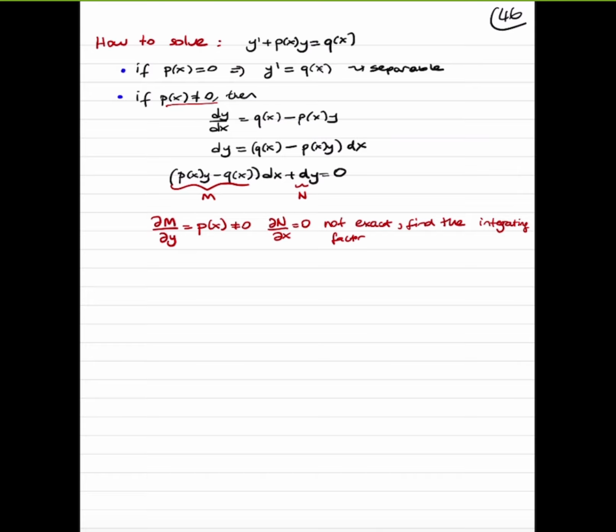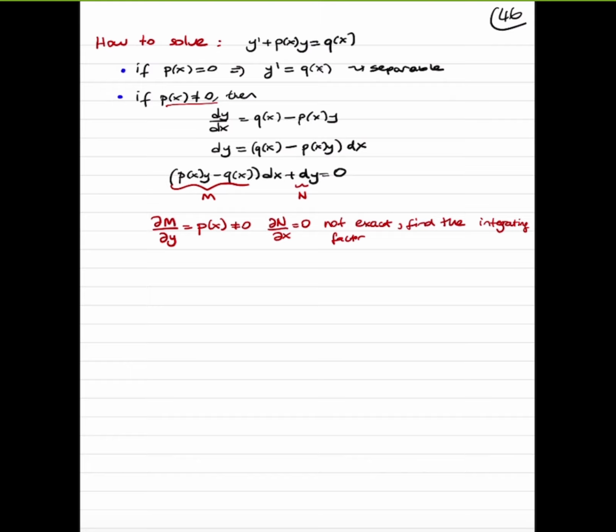So if p of x is not equal to 0, then we will just rewrite the equation dy over dx is equal to q of x minus p of x y, and write the equation in the form M dx plus N dy, and try to solve using exactness.